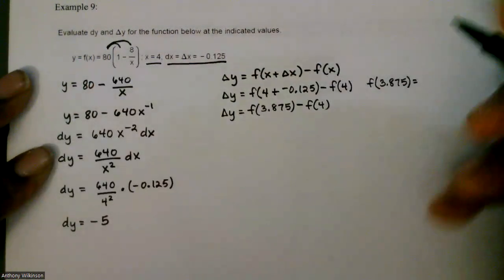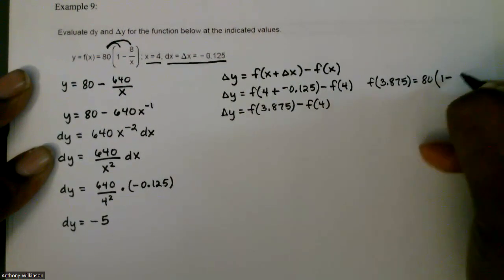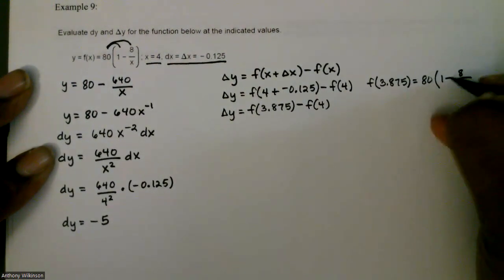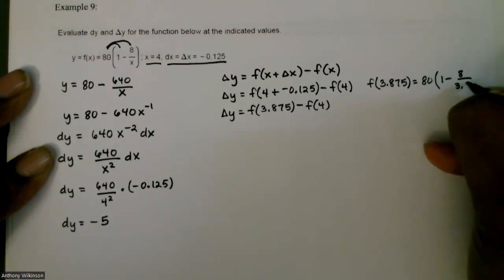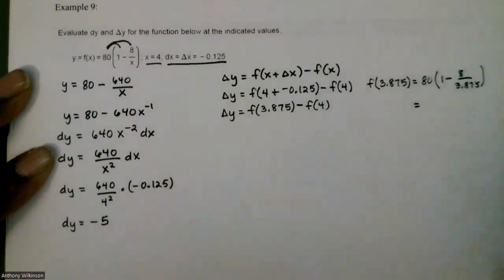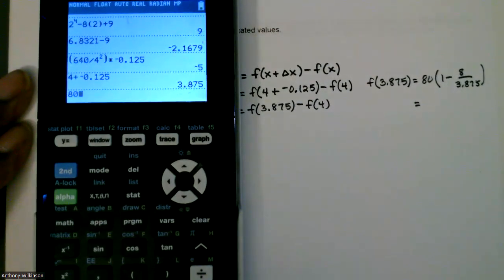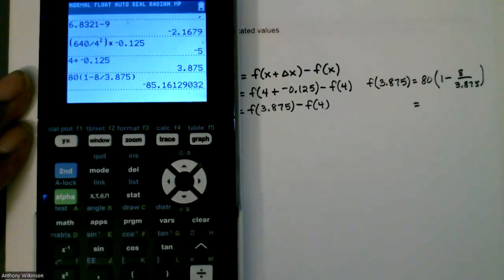Using the original function, this will be 80 times the quantity 1 minus 8 divided by x, which is 3.875. And all of this can be typed in the calculator. So I'm going to do 80, and then left parentheses, 1 minus 8 divided by 3.875, close parentheses.